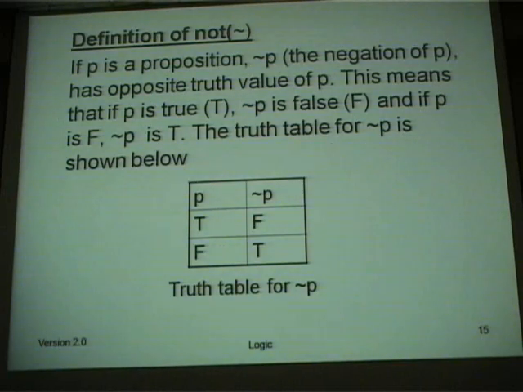In rows you represent different combinations of truth values for that given proposition. For example, I use P. I want to determine the truth value of the negation of P. Now I use P, then I have to write it down.